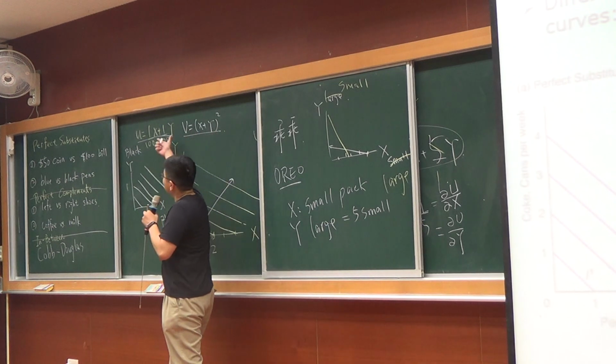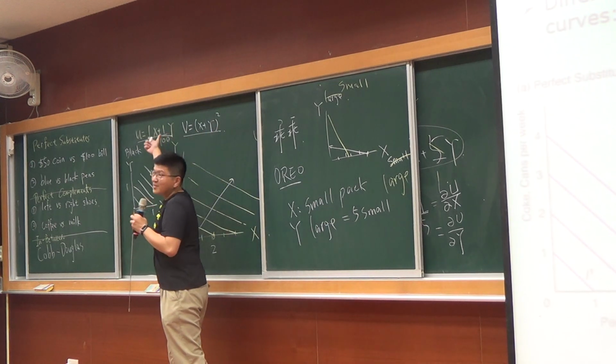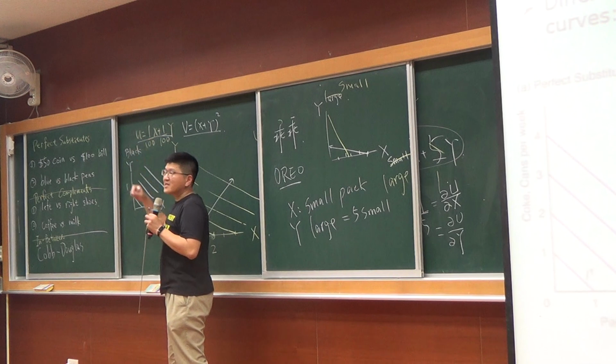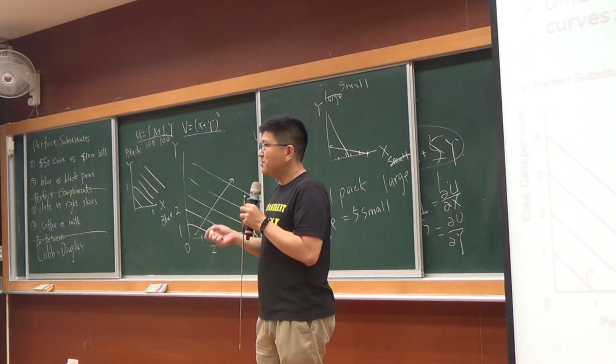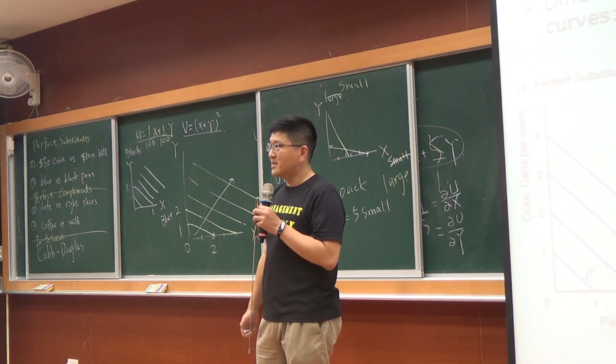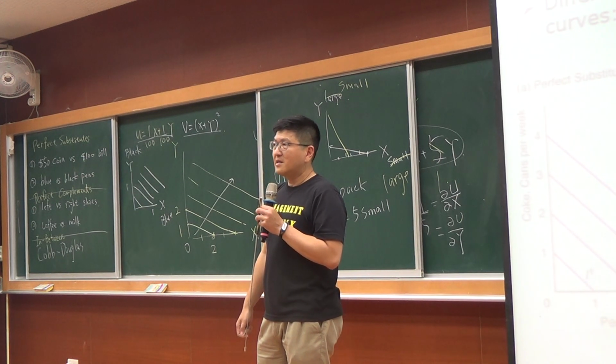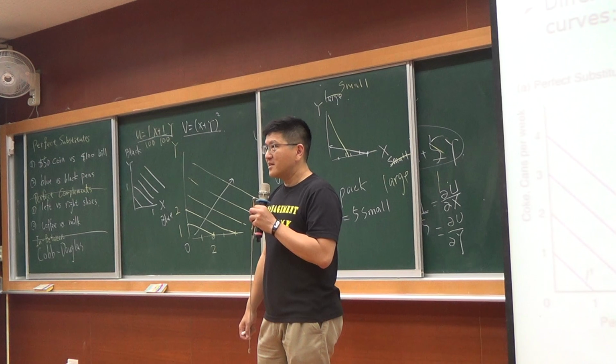This one is the square of this one, right? And something whose square is actually the positive monotonic transformation. Is that clear?